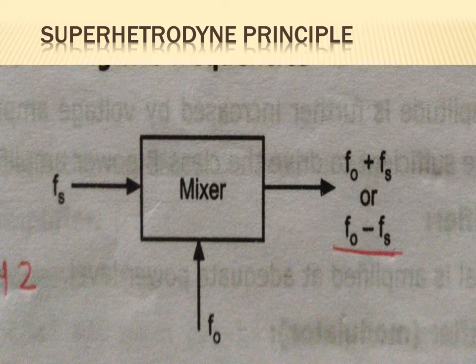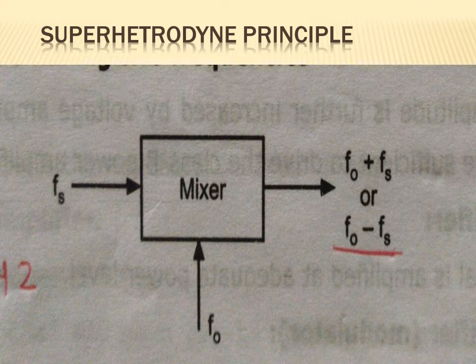Okay, so first we see the principle of the superheterodyne receiver. In this receiver we are using a mixer, and this mixer has two inputs. The first one is fs, the incoming signal, and fo, the local oscillator frequency signal. fs is the input signal, fo is the carrier signal or local oscillator signal. Both signals are given to the mixer.